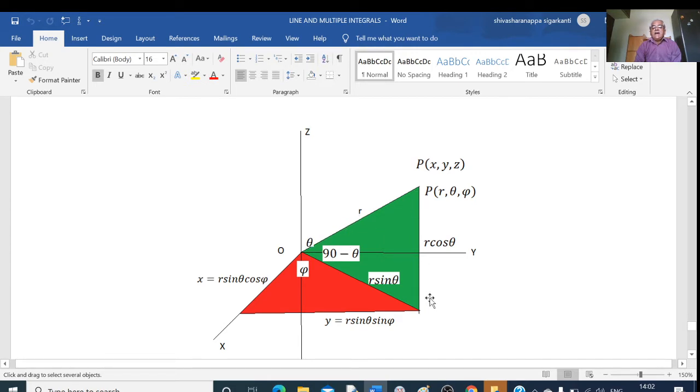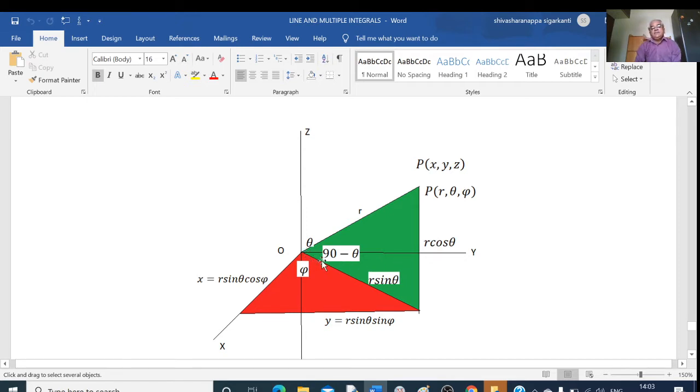In this triangle, this angle is 90 degrees, this is the hypotenuse, this is the angle 90 minus theta, this is opposite to 90 minus theta, and this is adjacent to 90 minus theta. Opposite is given by r sine of this angle, that is r sine of 90 minus theta, which means r cos theta. So this length is r cos theta. This is nothing but our z. So z equal to r cos theta.